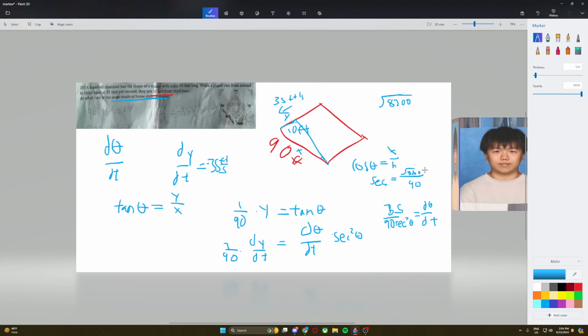If you square it, because it's sec squared, it equals 8200 over 8100, times 1 over 90, by the way. And we have this over 35.